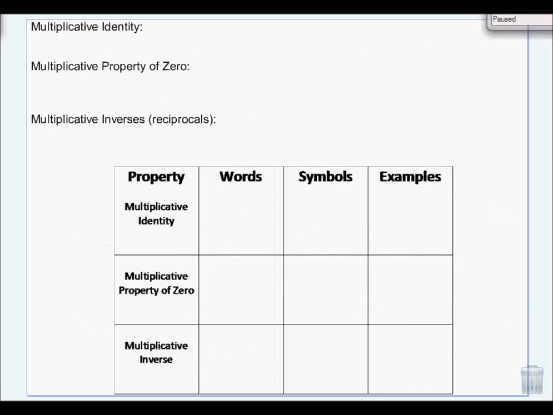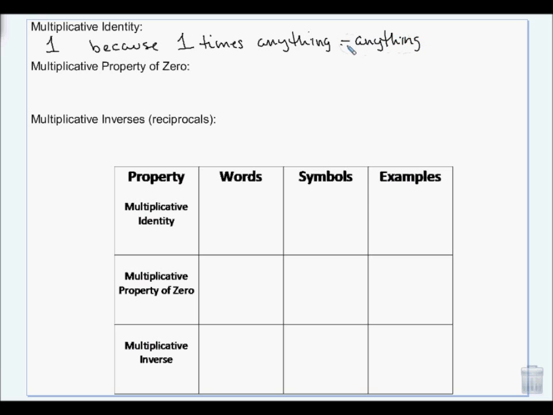You also have a multiplicative identity. And the multiplicative identity is 1. And that's because if I multiply 1 times anything, I get that number back. Okay.